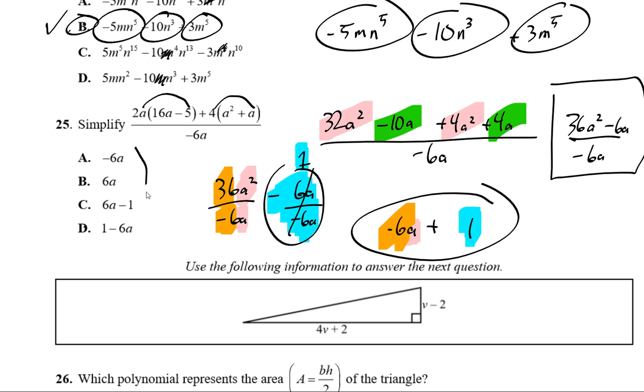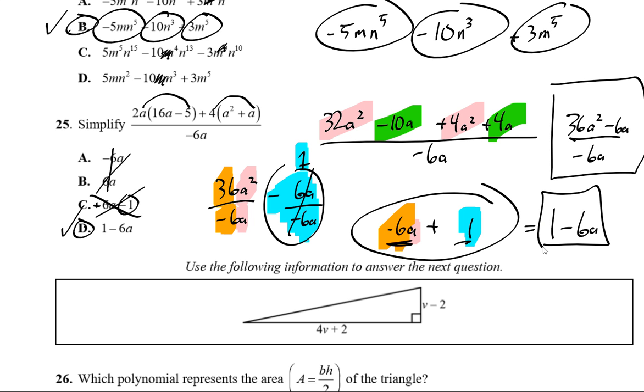We look at this, and it doesn't match any of these directly. This one is missing the 1. This one is missing the 1. But these two here, 6a minus 1 and 1 minus 6a, both have the parts, but one of them has the signs backwards on both. This one has a positive 6a and a negative 1. Those signs are backwards. This one has a positive 1 and a negative 6a. That's our one. It's D. So negative 6a and 1 is the same thing as 1 minus 6a, just written out in a different order.